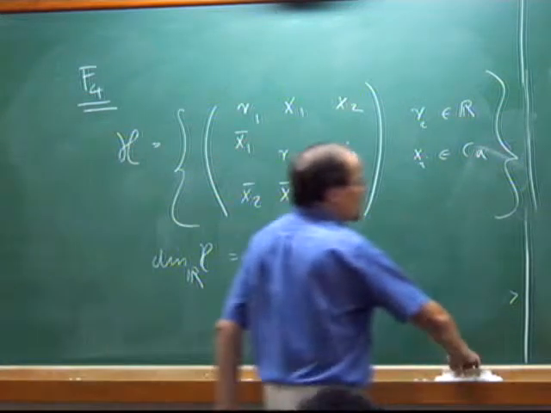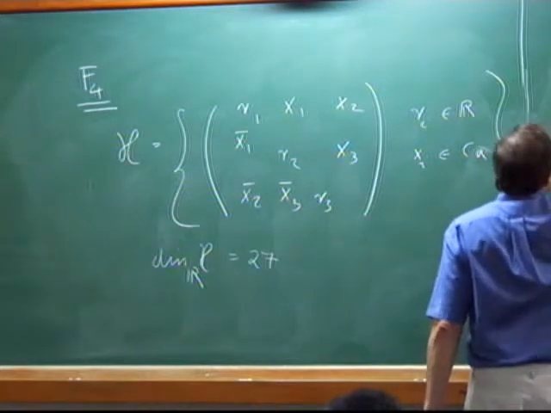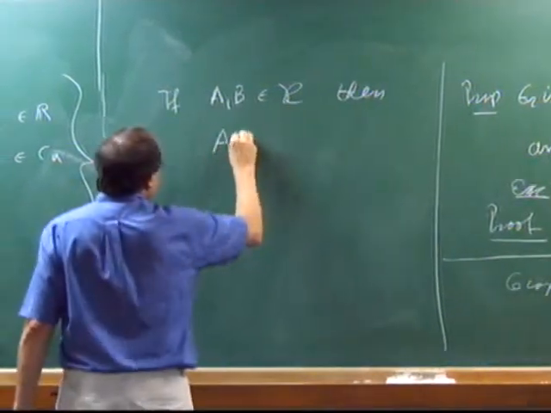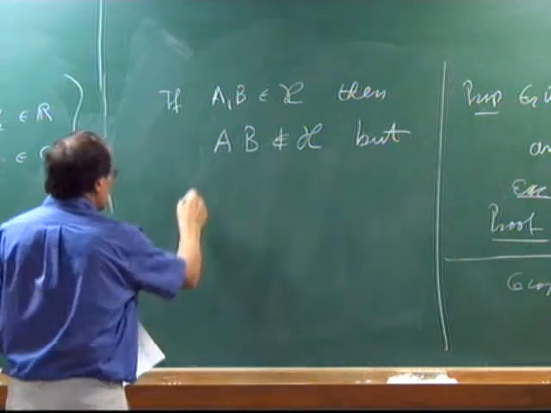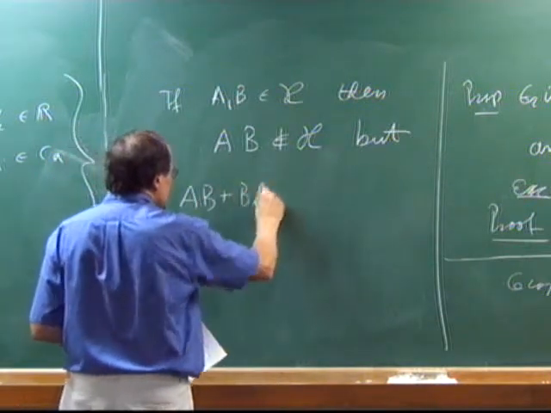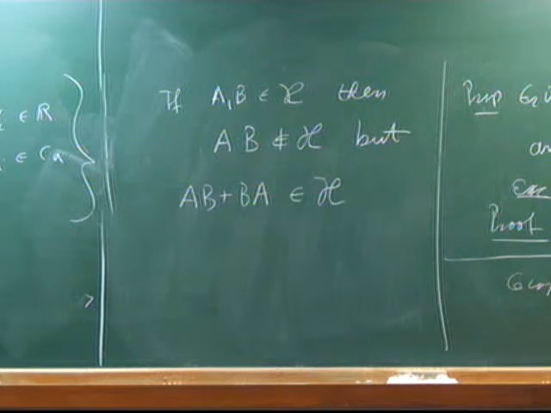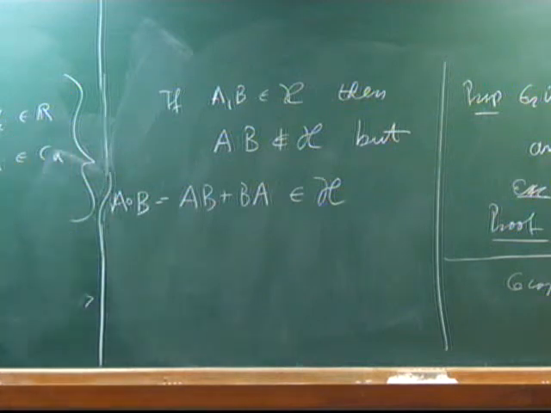Now the problem is that this is not invariant under multiplication. So if you have two matrices in H, then in general A times B is not in H. But if I take the symmetric product AB plus BA, this is an element in H. And that's often denoted as A circle B, the symmetrized product of two matrices.